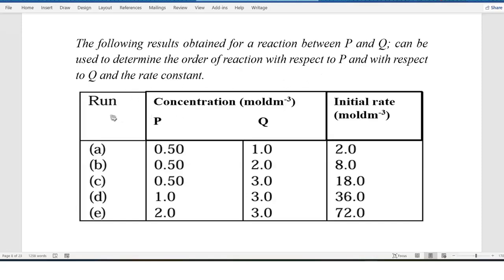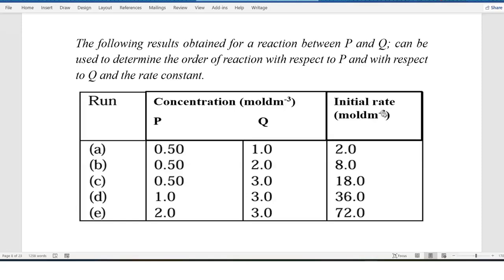So we are provided with the runs. We did the experiment with the concentration of P being 0.5 up to E, which is 2.0, for Q 1.0 up to E, which is 3.0.